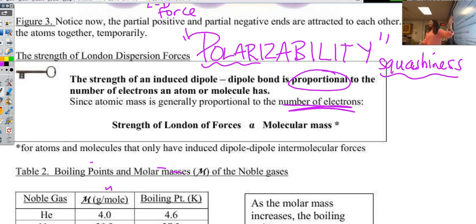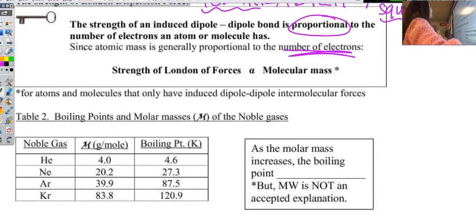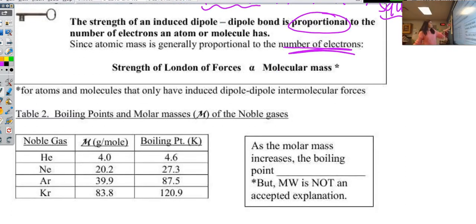Okay, and so the polarizability, we're going to end up defining it when we do our AP set of notes, but I just wanted to bring that up here because it is molecular mass, but it's really supposed to be based on the number of electrons. Okay, but the molecular mass is going to be the giveaway on how you're going to be able to tell pretty quickly which one has stronger LD forces, okay, if it's only LD forces. Okay, so if it had dipole, then that's stronger than LD, right?